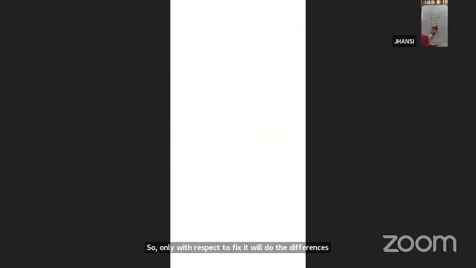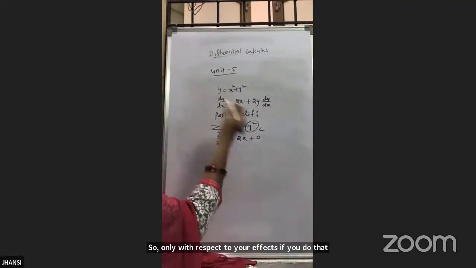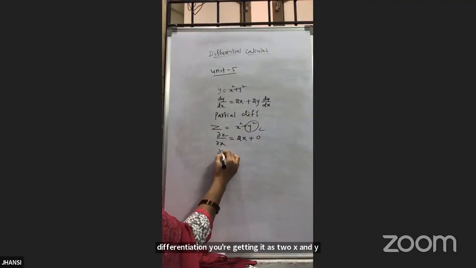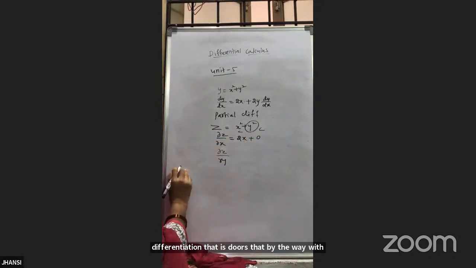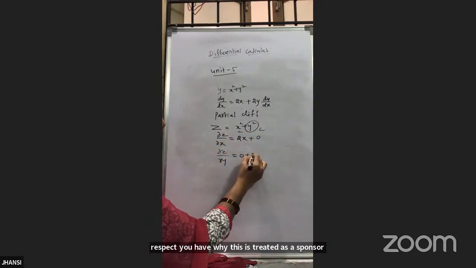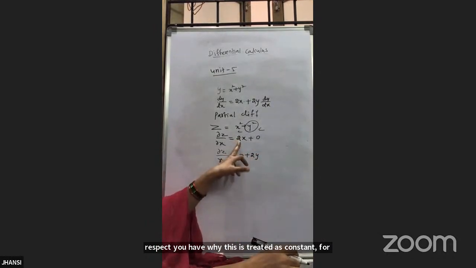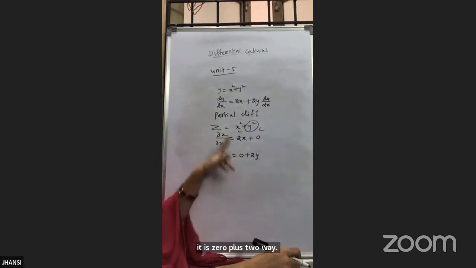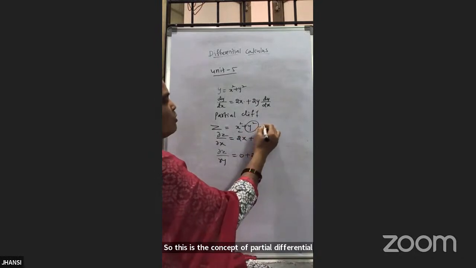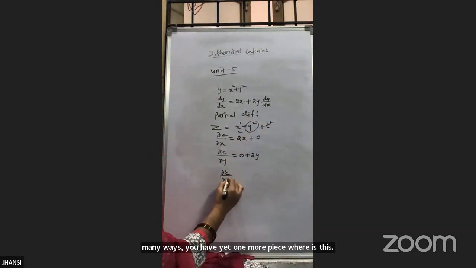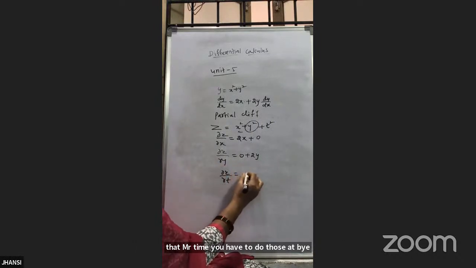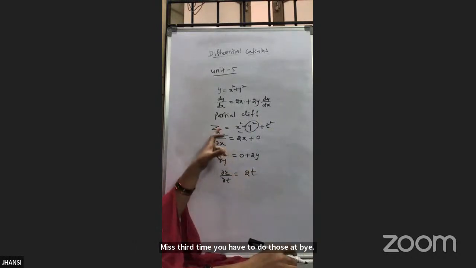So with respect to x you get 2x and y square gives 0. When we do one more differentiation, dou z by dou y, with respect to y, x square is treated as a constant. So it is 0 plus 2y. So this is the concept of partial differentiation. If you have one more term, t square, then a third time you have to do dou z by dou t, which is equal to 2t. So this is the main idea.